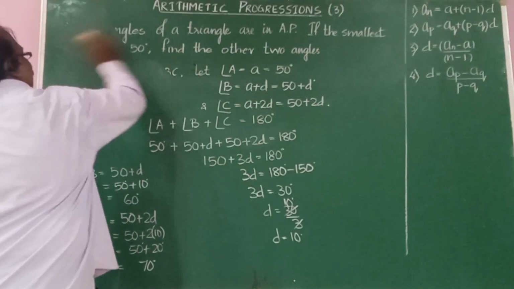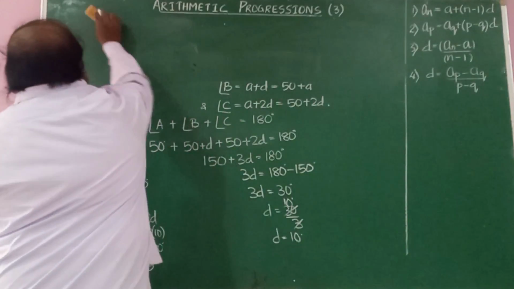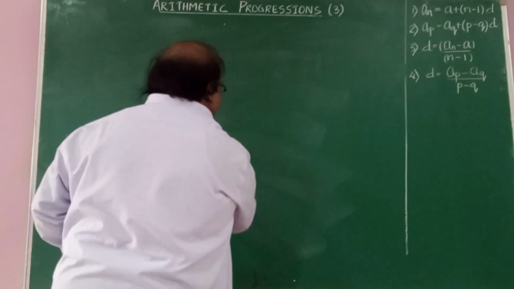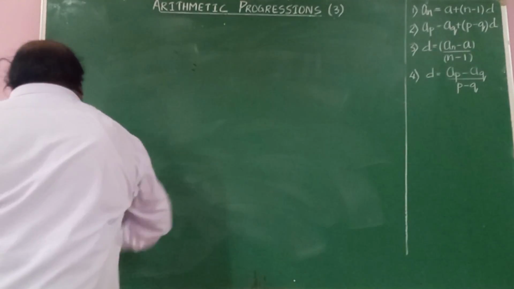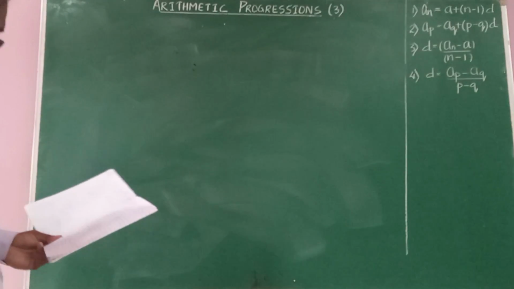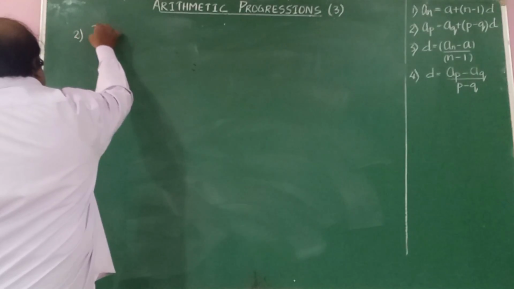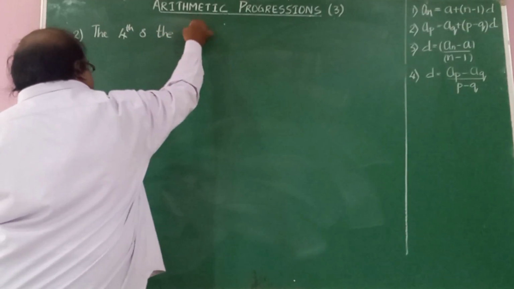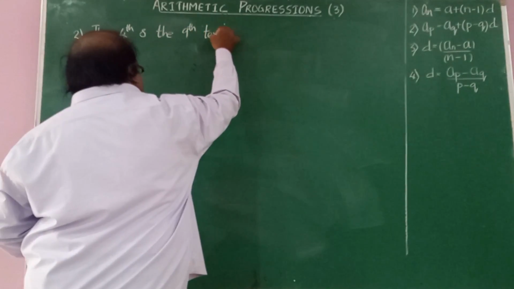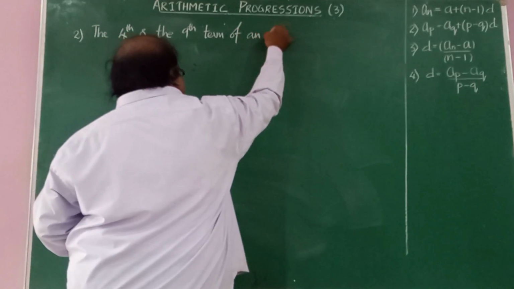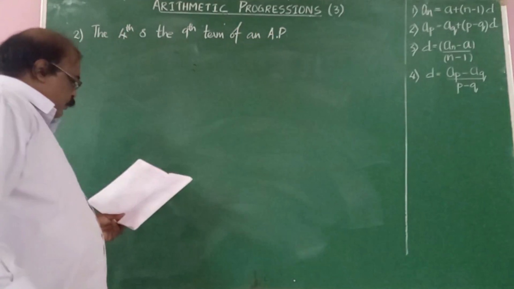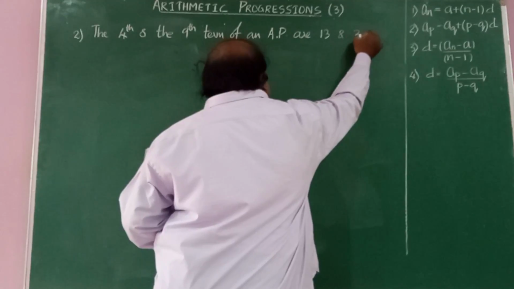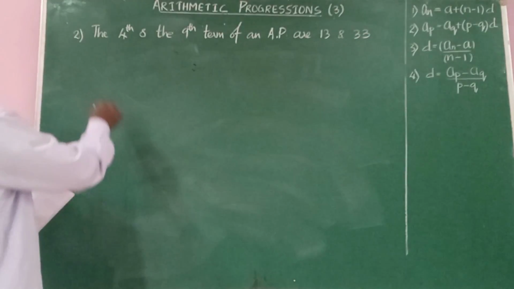We go to the next sum. Question number 2. The fourth and the ninth term of an arithmetic progression are 13 and 33 respectively.